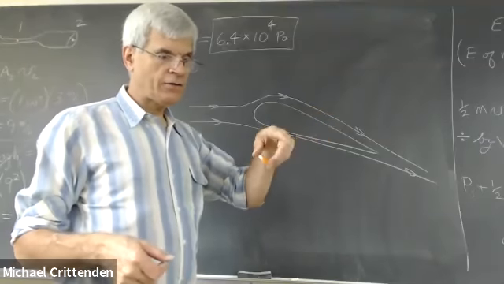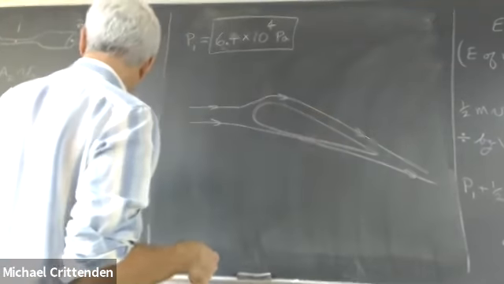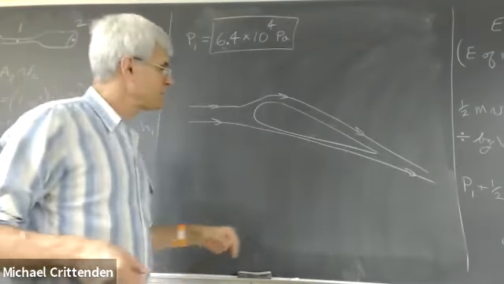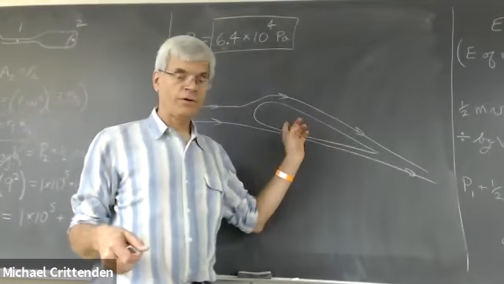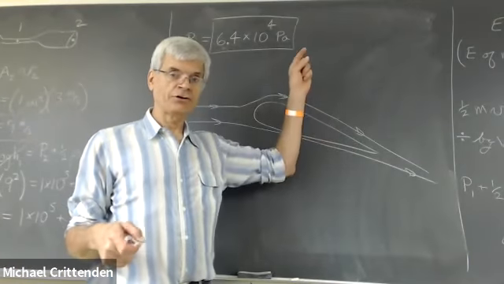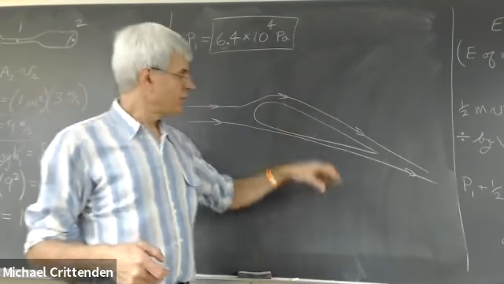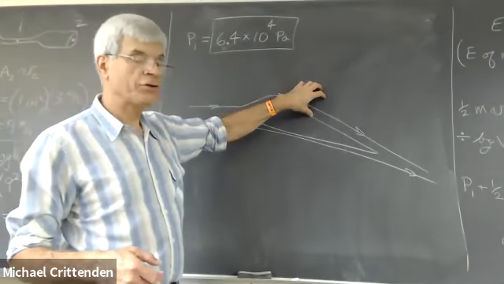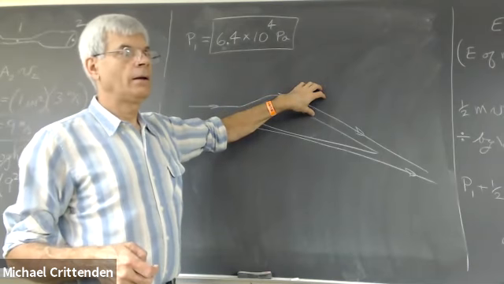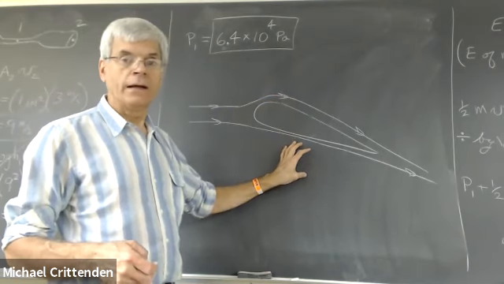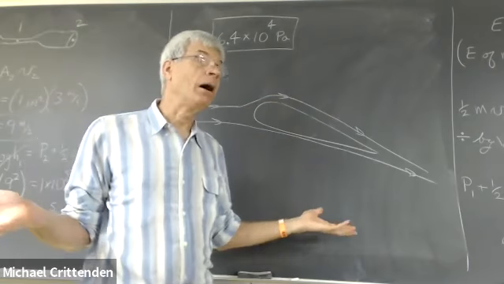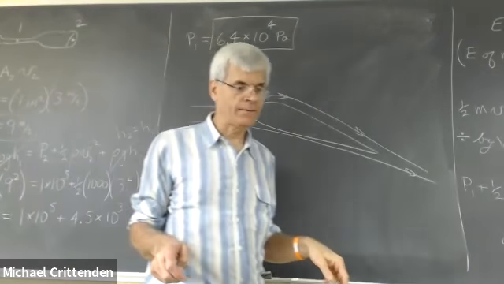And just like we saw in this example with the Venturi tube, where the fluid goes faster, the pressure goes down. So you have a region of lower pressure above the wing and higher pressure below it, and that's part of what supports the airplane.